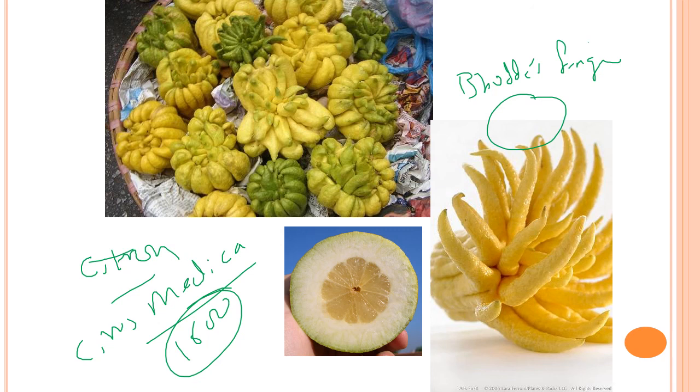Usually this type is grown in Asia, the same as in China and other countries. The same like citron, these are the citrons we have in Oman. Shamoum, Shkhakhis, and Nahyan. So this is actually the same type of plant, but this is called Buddha's finger. So this is another kind of citrus.